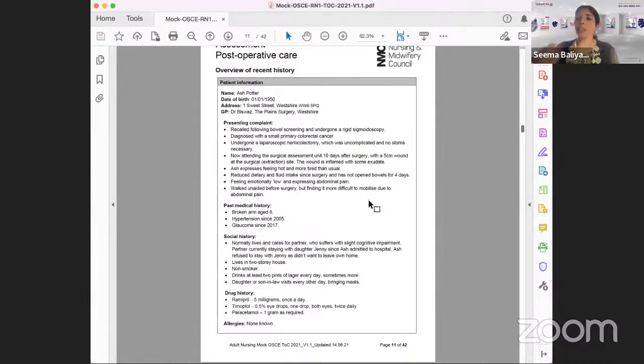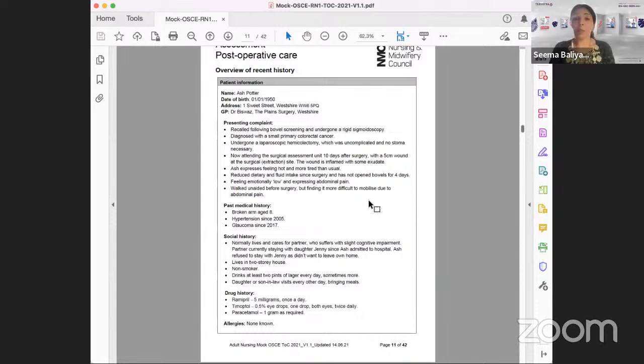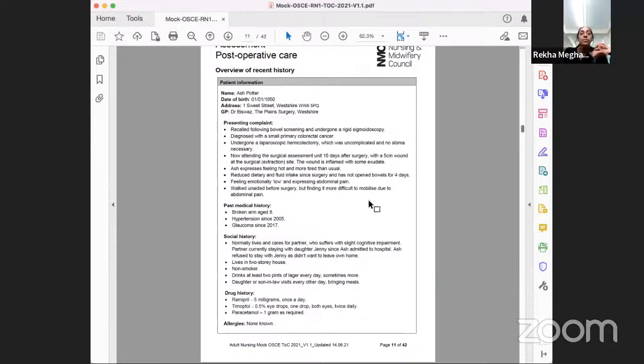So we did the safety check, and you did your hand hygiene. Then the third thing is introducing yourself, which you did: I'm Rekha Meghani, I'm one of the nurses working at the surgical assessment unit. Then you are going to do the patient ID check.